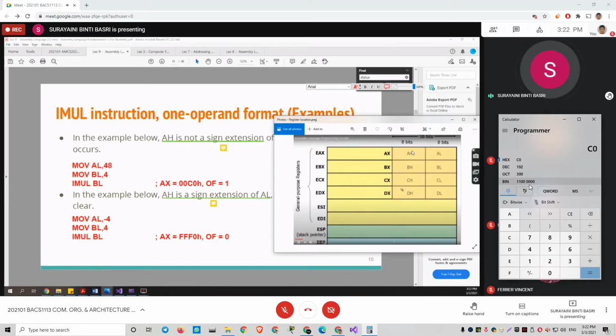In the IMAL instruction, your product should be stored in AX, and AX is the combination of AH and AL. So when the result only occupies AL, it means that AH is not a sign extension, therefore the overflow flag will be 1.